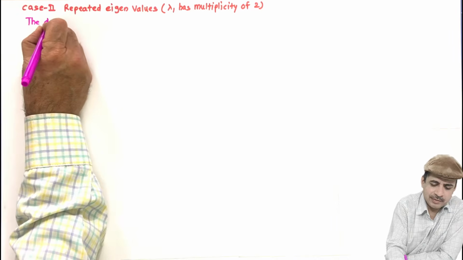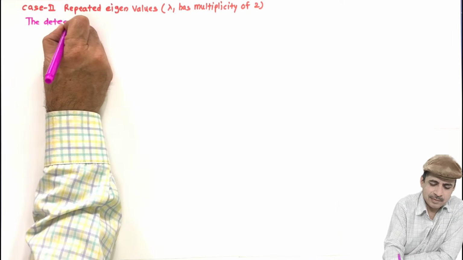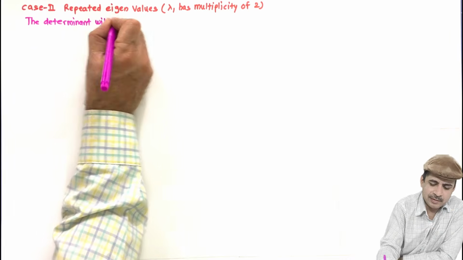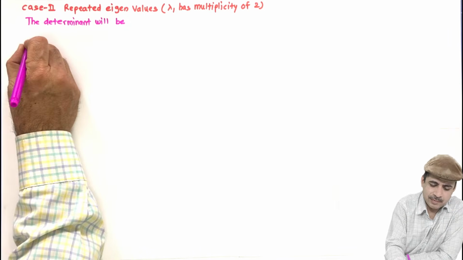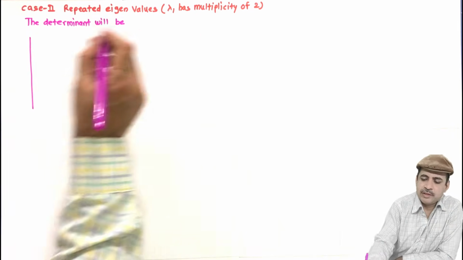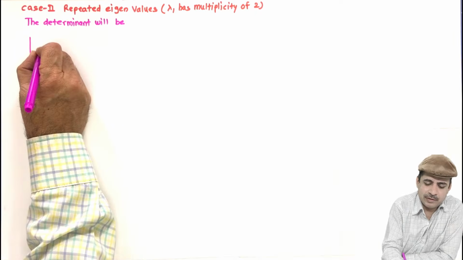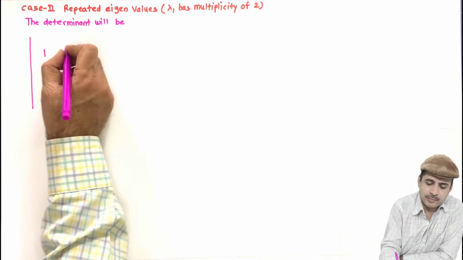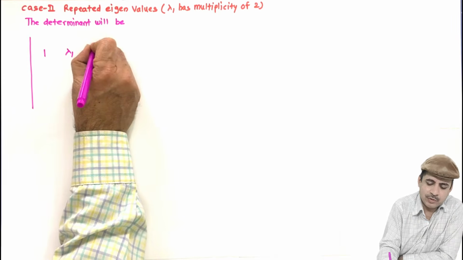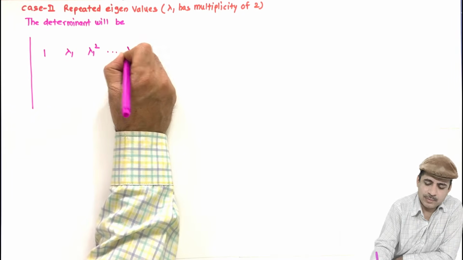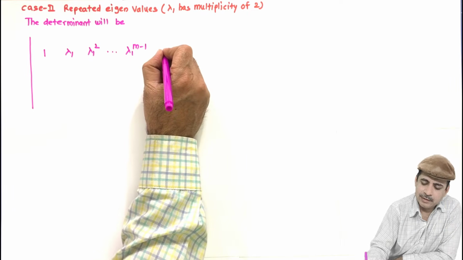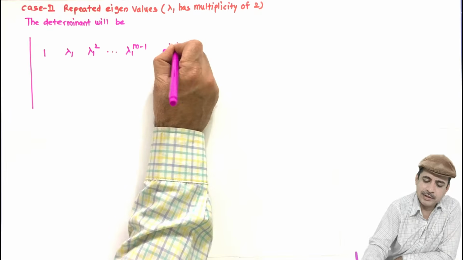So in that case, the determinant will be, first this one we will write the same type, say 1, lambda 1 square, so on up to lambda 1 raised to m minus 1, and then e raised to lambda 1 t.